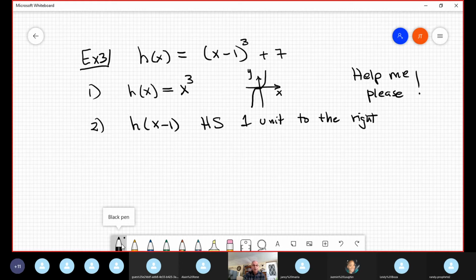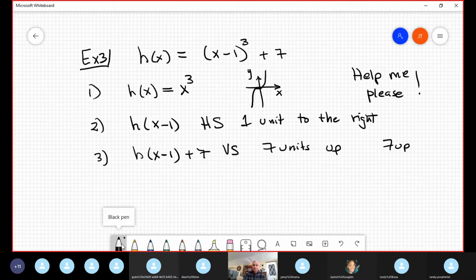And finally, plus 7 is a vertical shift 7 units up. Okay? 7 up, like the soda.